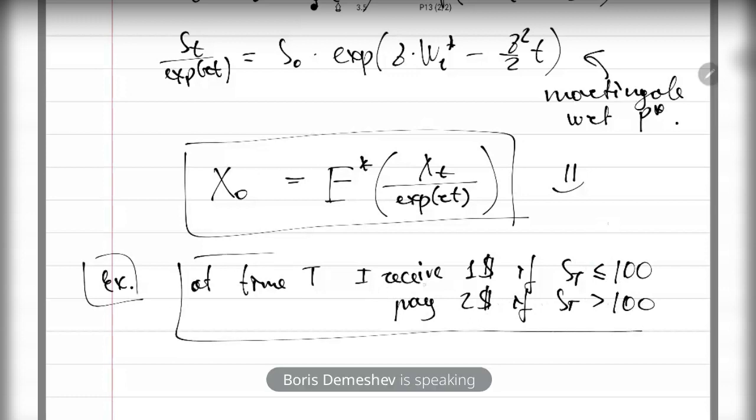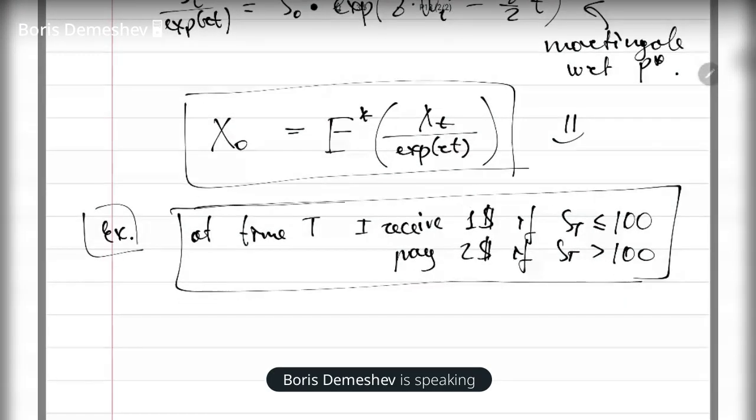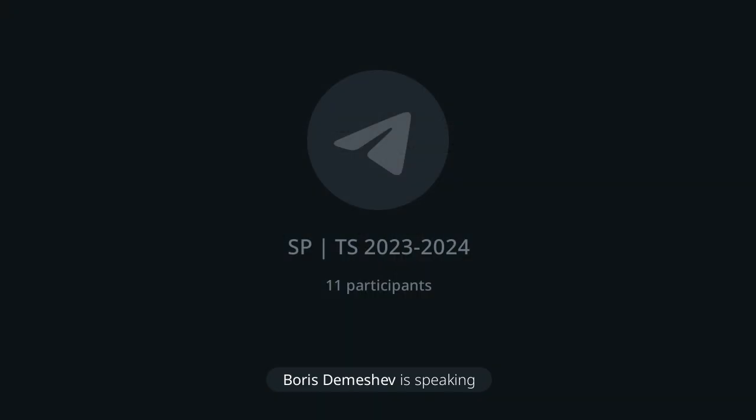So imagine pricing the following asset. So this is a financial claim. And what is the price of this claim today?